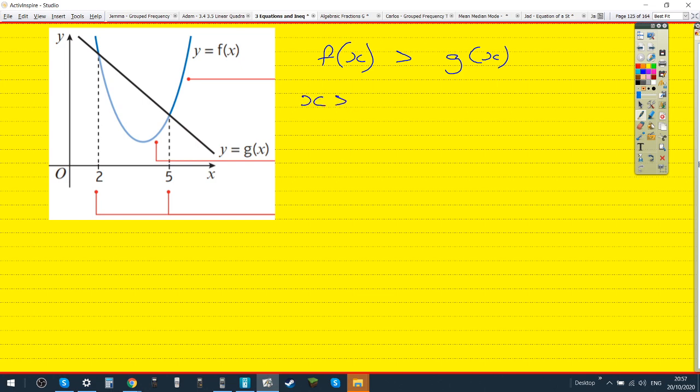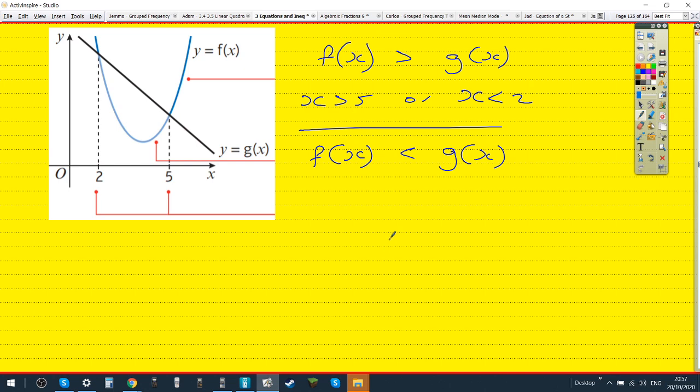Any other time? When x is less than 2. Correct. It was under the black line, but then here it becomes over. What if the question was solve f(x) is less than g(x)?